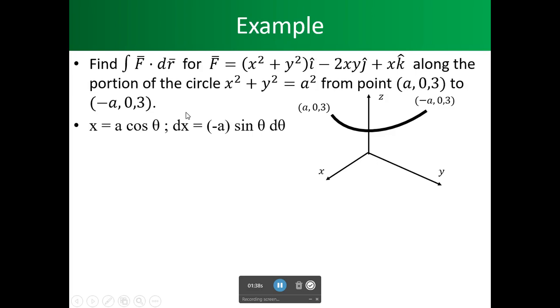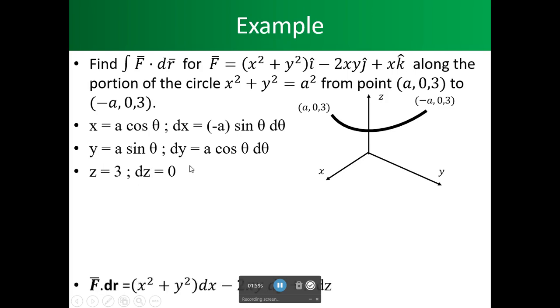So what we have, we know that x is equal to a cosine theta, dx is equal to negative a sine theta d theta. We have y is equal to a sine of theta, dy is equal to a cosine theta d theta. Z equals 3, and the derivative of 3 is 0.